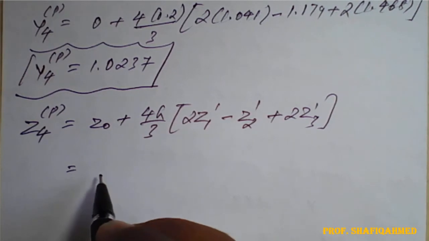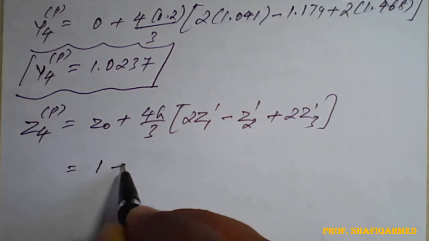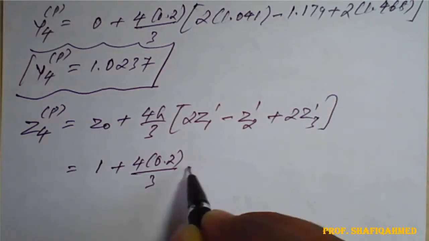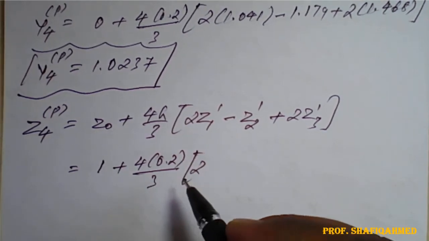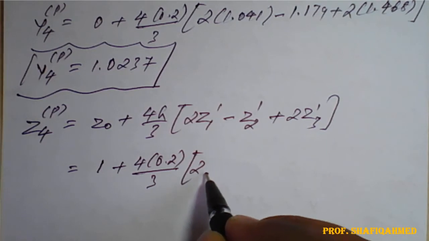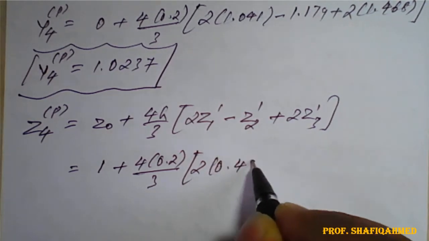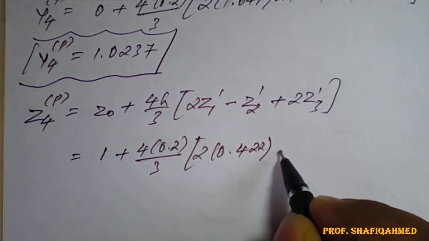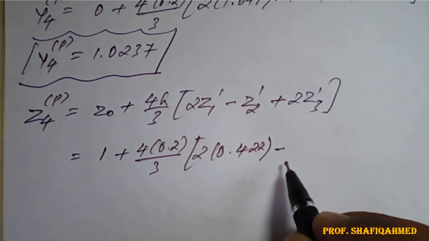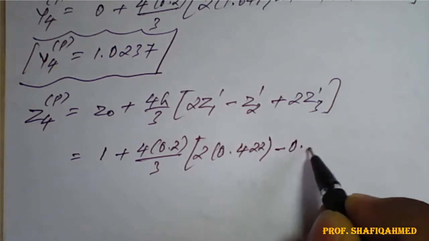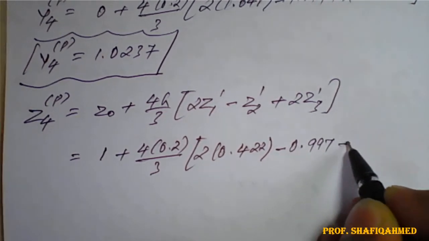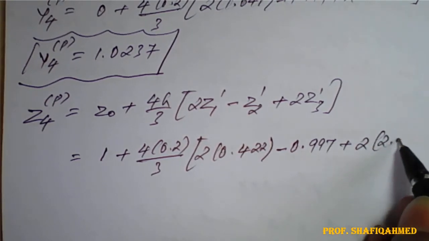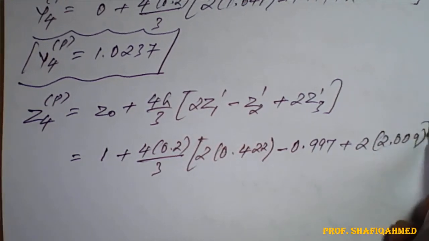So z0 value from the table it is 1, 4h into 0.2 divided by 3, 2 times z1 dash, what we have calculated in the table it is 0.422 minus z2 dash from the table it is 0.997 plus 2 times z3 dash from the table 2.009.